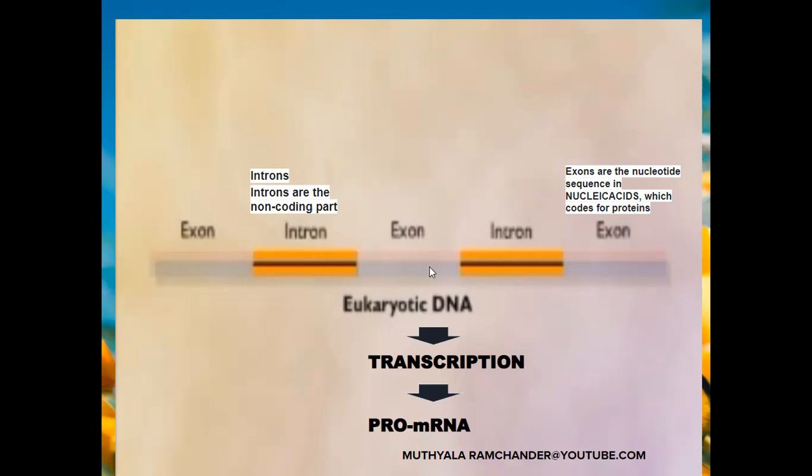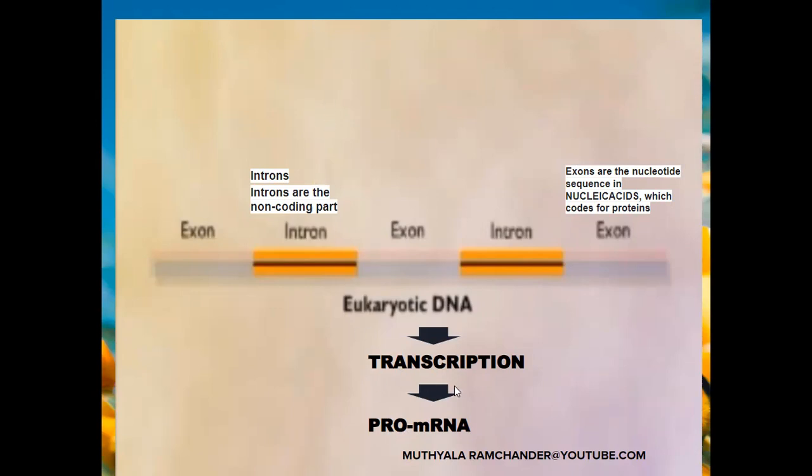This eukaryotic DNA is involved in transcription with the help of RNA polymerase enzyme. When the eukaryotic DNA undergoes transcription with RNA polymerase, the DNA makes pro-mRNA.